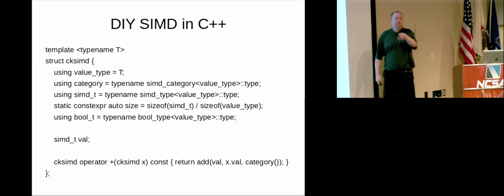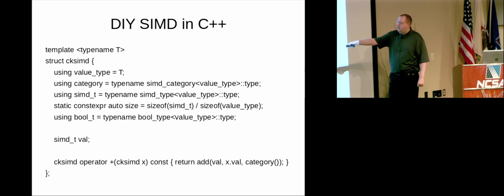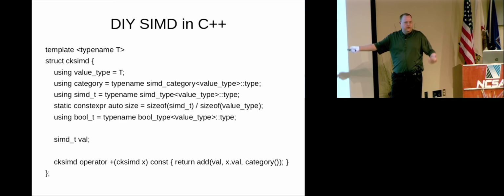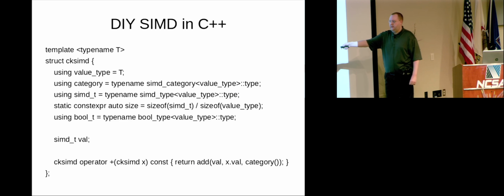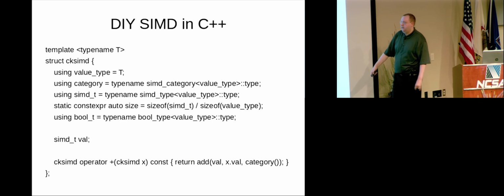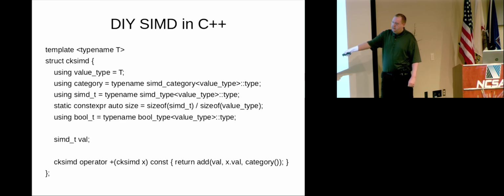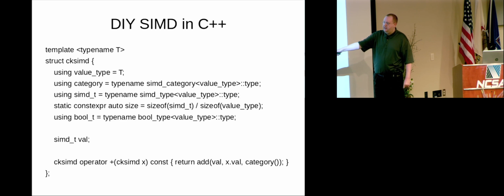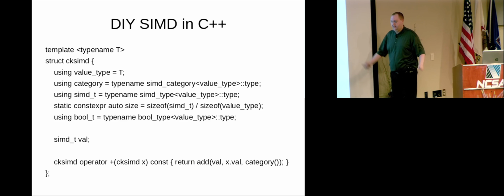So __m256 or __m128d, whatever that happens to be. You have a size, which is just the number of elements in your SIMD vector, and a bool type, which is what you need for doing conditionals and things like that. So you just have a type trait that takes that away. So the only piece of data that this class needs to know about is the actual compiler type for the SIMD vector you're using. That's it.